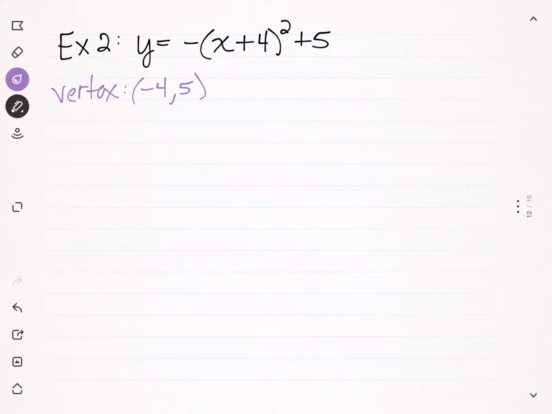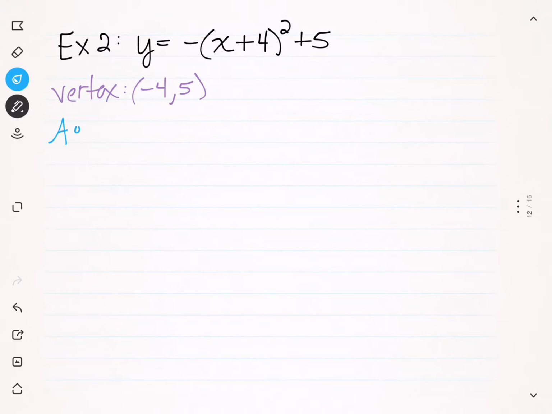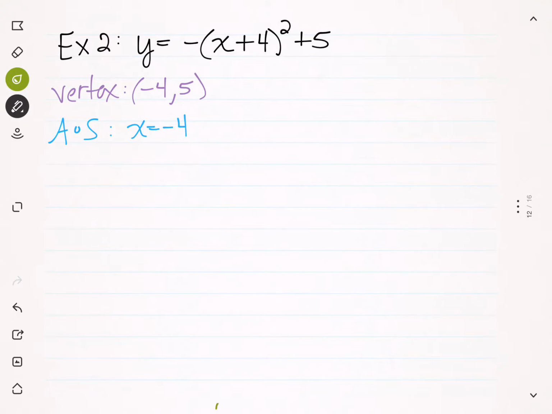Now the axis of symmetry on this problem is going to be the equation x is equal to negative 4 because it goes through the x value of your vertex. And the value of a, in this case, is a negative 1 because I see a negative outside of the parentheses. So since that value of a is negative, we're going to be opening down with our parabola.